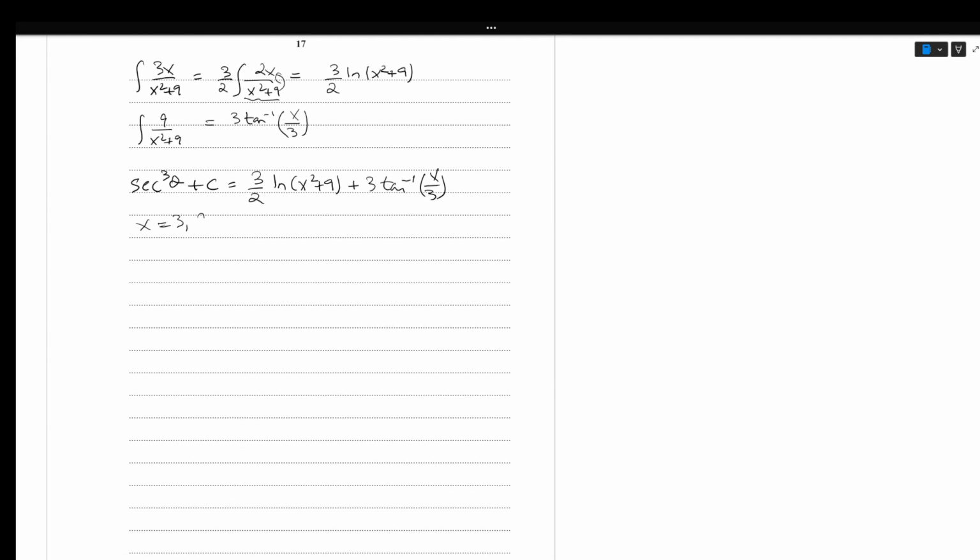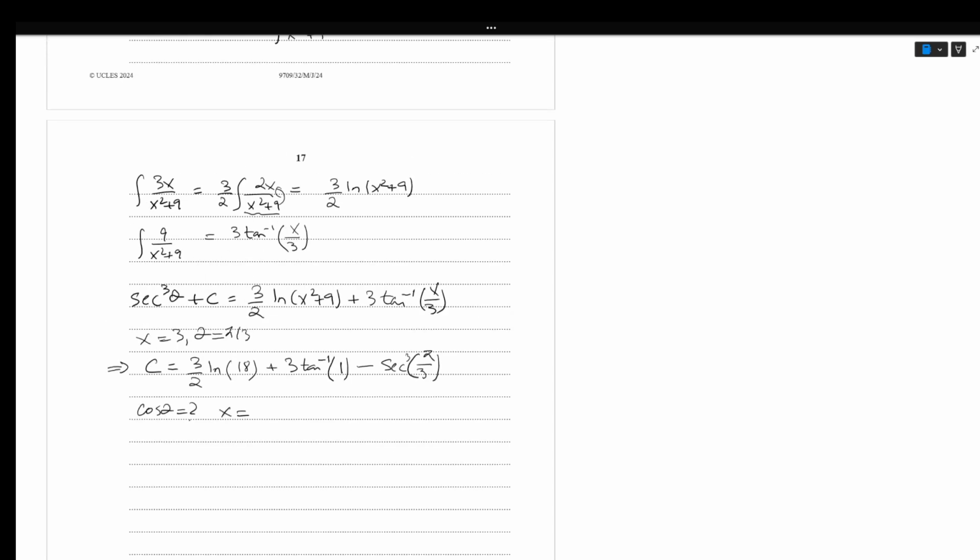So x is equal to 3, theta pi by 3 implies कि जो c है that is equal to 3/2 ln (3 का स्क्वायर is 9 plus 9, 18), 3/2 ln 18 plus 3 tan inverse of 1 minus sec cube of pi by 3. तो ये हमारे पास c आ गया.